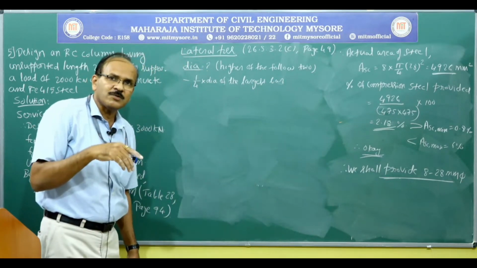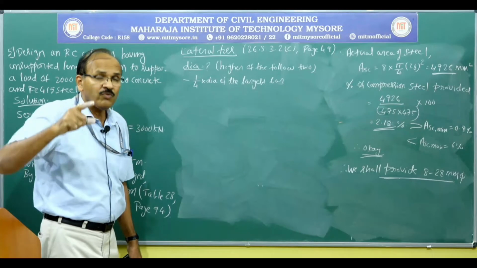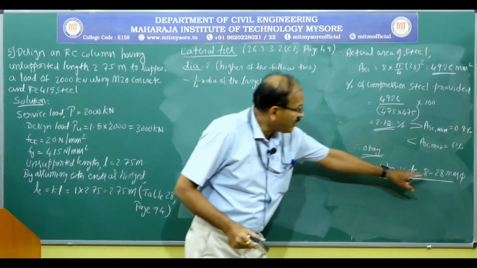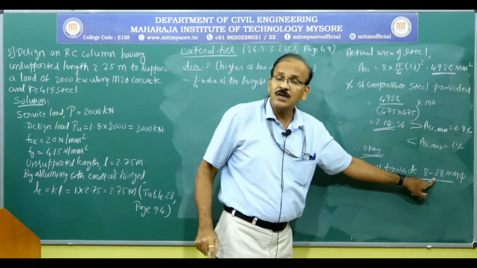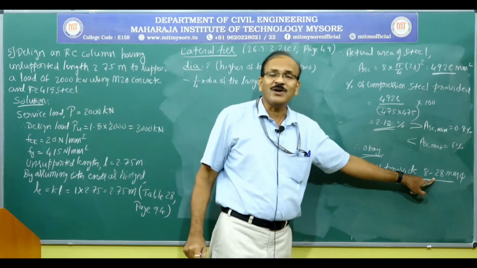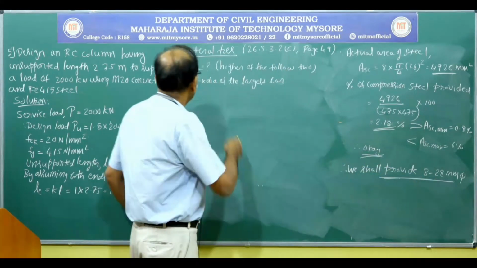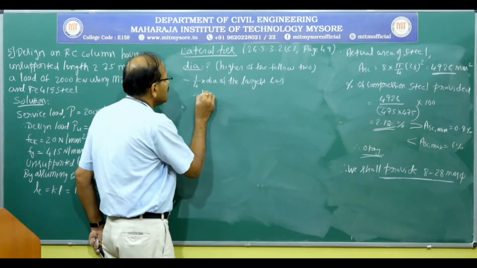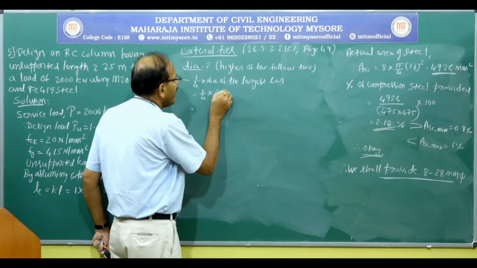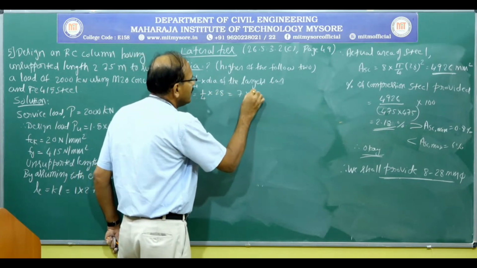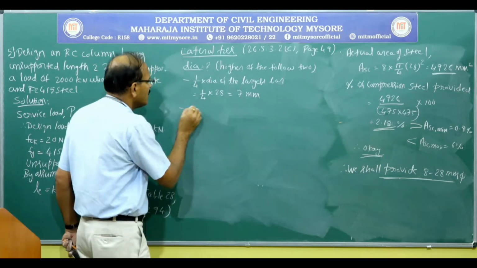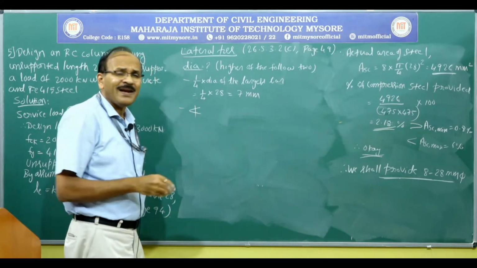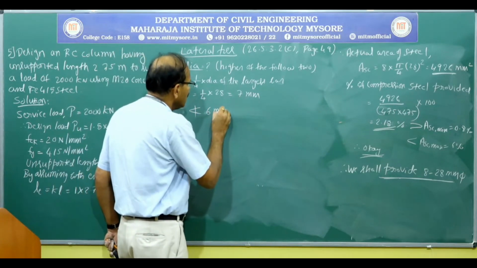Here, what is the largest bar? We have only one size, that is 28 millimeter. So that is the largest bar, and also the smallest bar. So 1/4 the dia of the largest bar is 1/4 of 28, that is equal to 7 millimeter. And also the code says the dia should not be less than 6 mm.